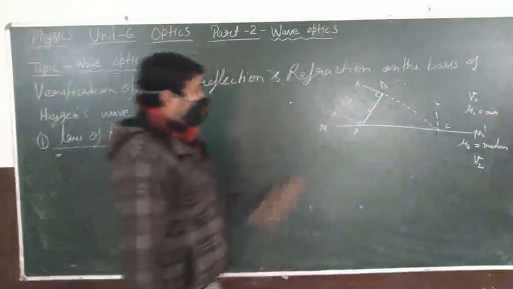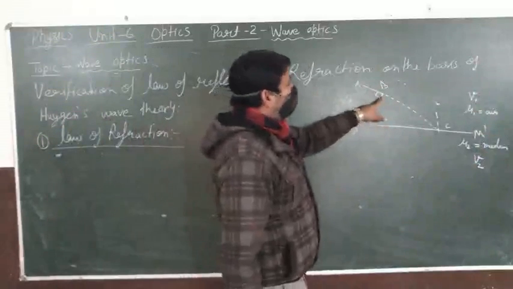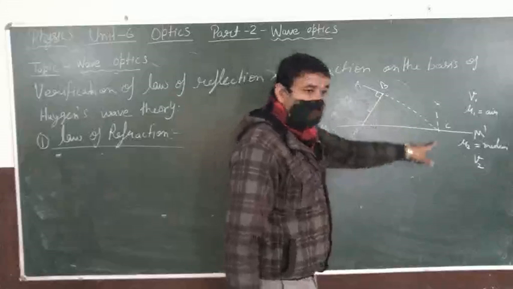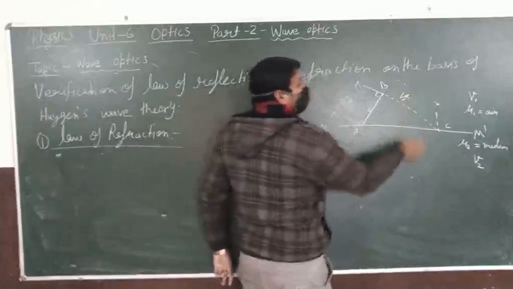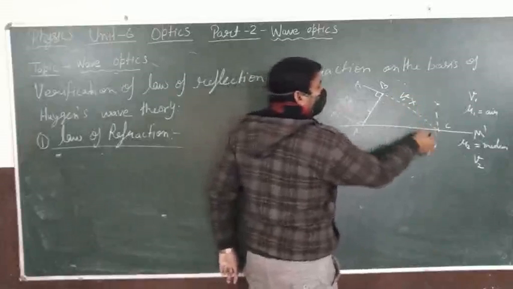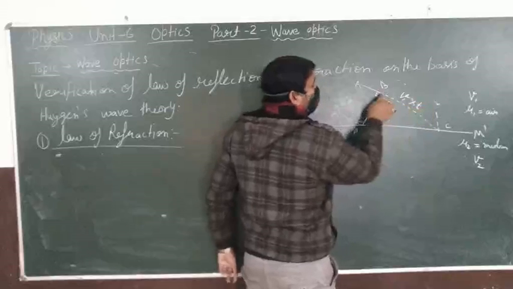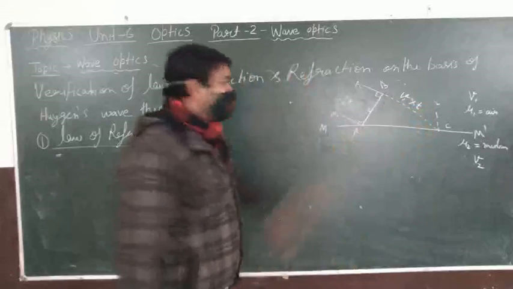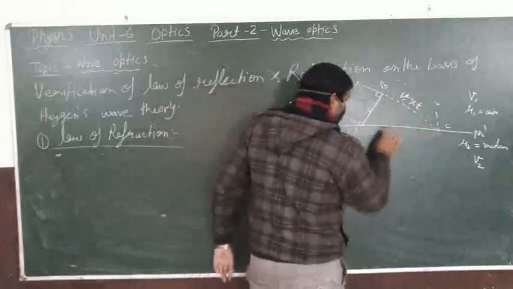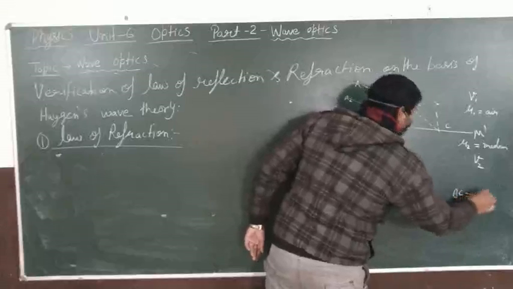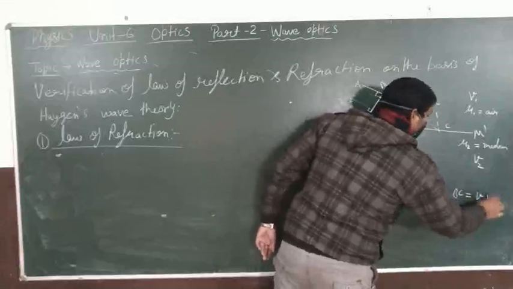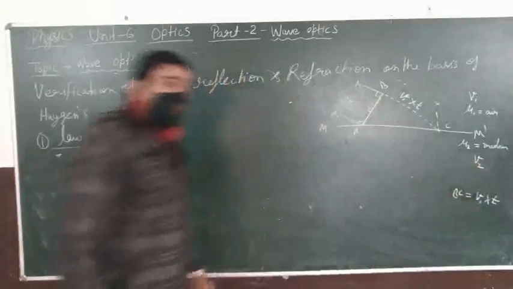Therefore the ray travels a distance BC, which is equal to v1 times the time taken to move from B to C. Therefore BC is equal to v1 into t. Clear?